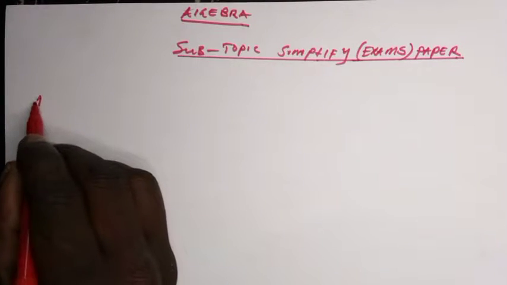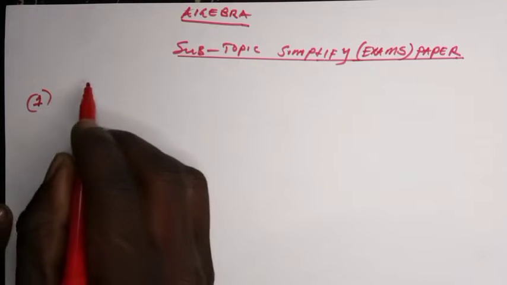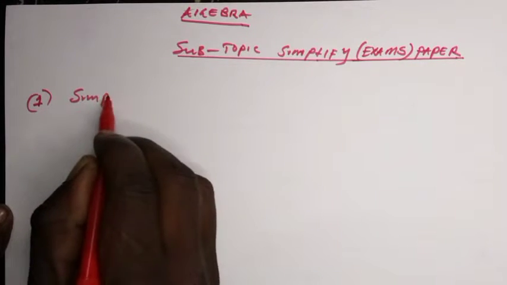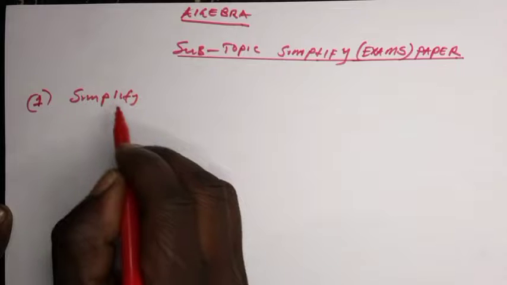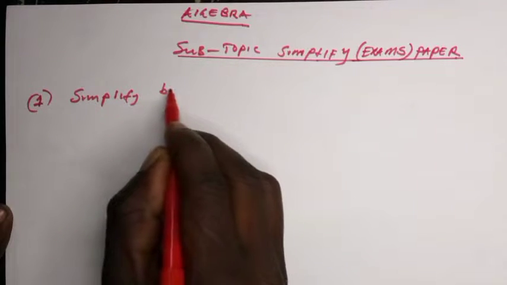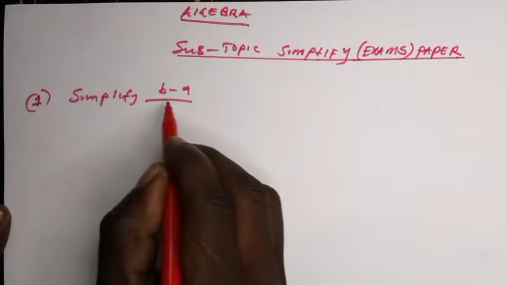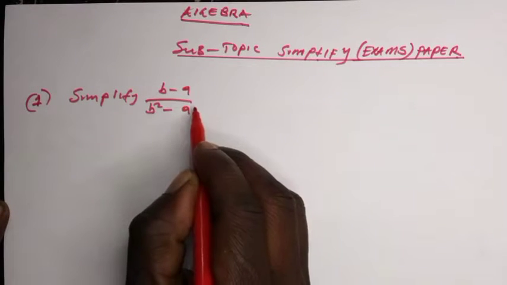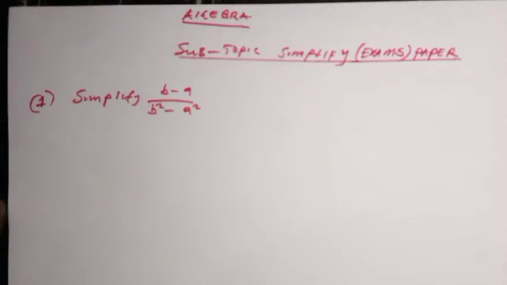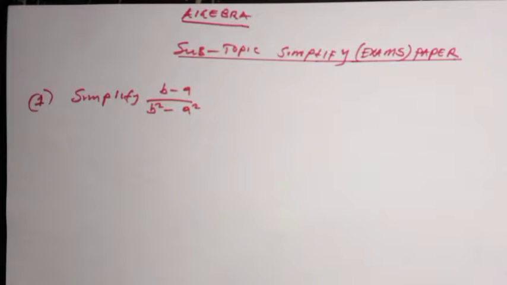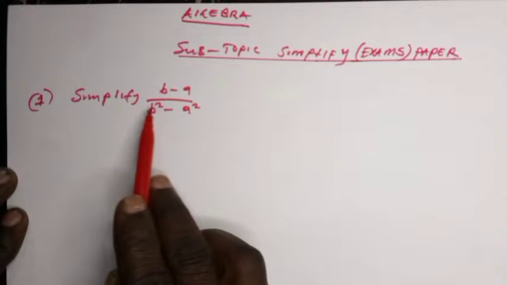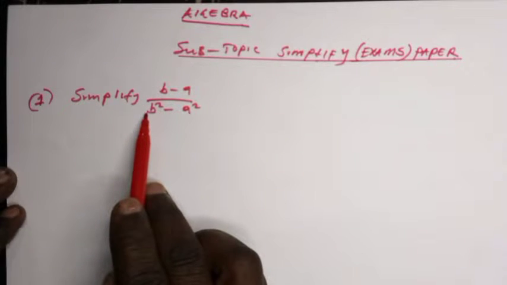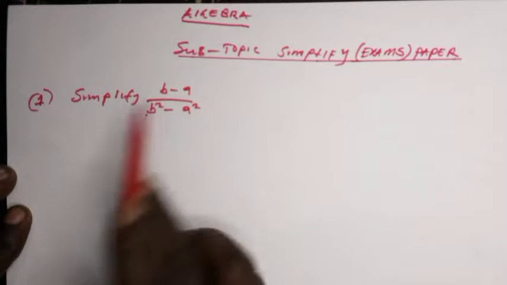Example 1: simplify b minus a over b squared minus a squared. Here you have to expand what is down, for you to cancel the top one.